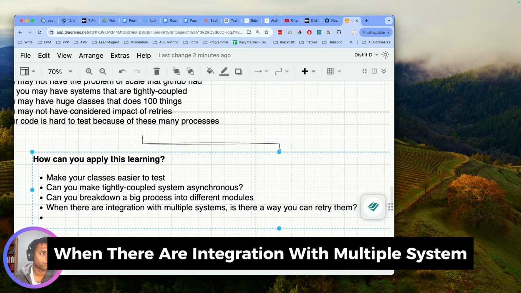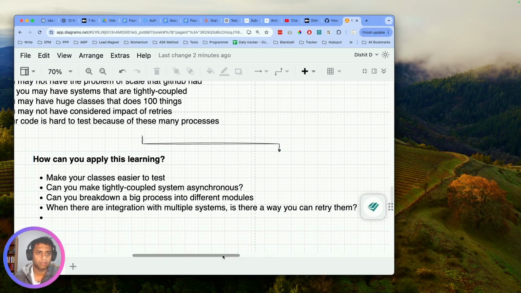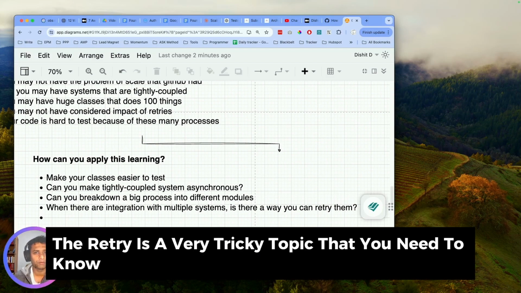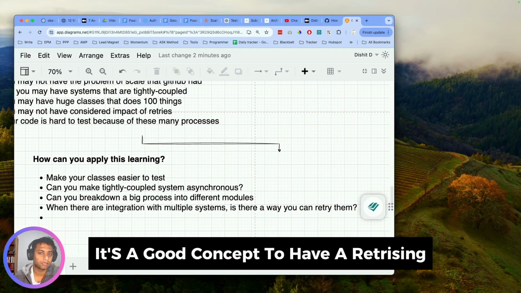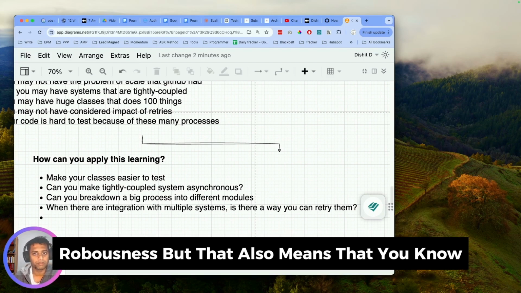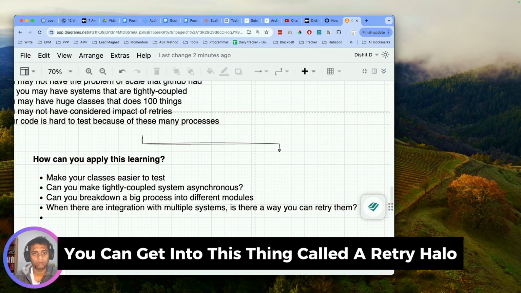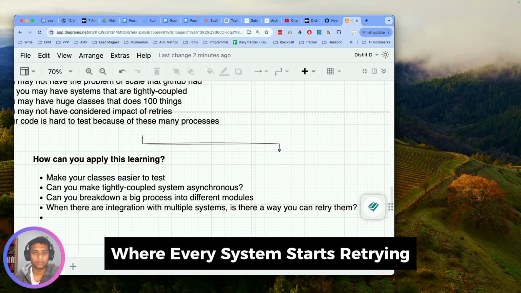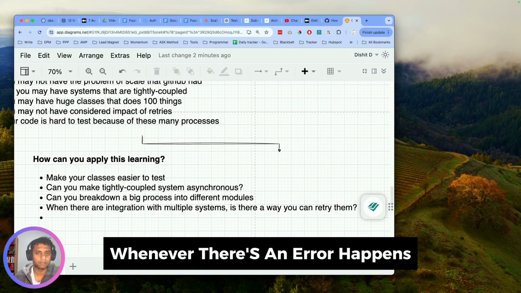The other aspect is, when there are integrations with multiple systems, is there a way you can retry them? Retry is a very tricky topic that you need to know. It's a good concept to have retries, because that means you are building system robustness. But that also means that you can get into what's called a retry hellhole, where every system starts retrying whenever an error happens.